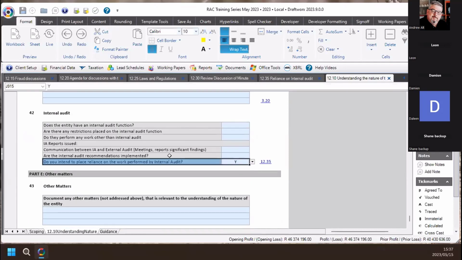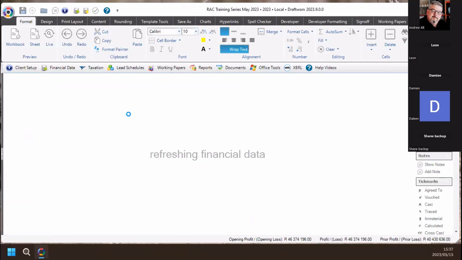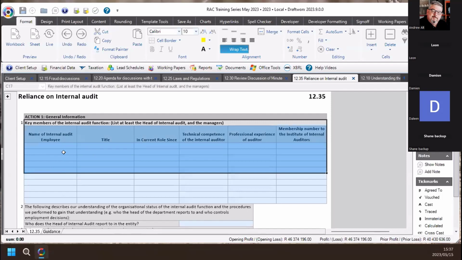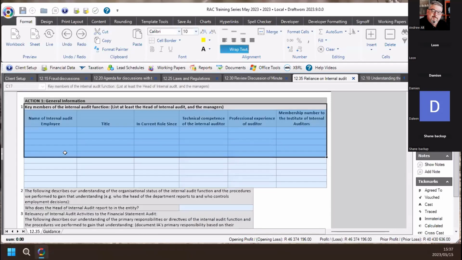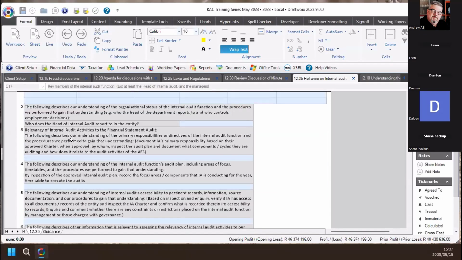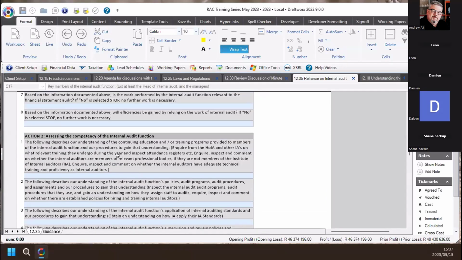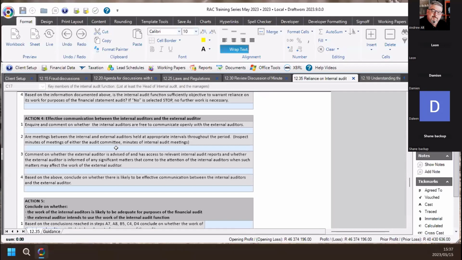If you are intending to rely on internal audit, then document 12.35 becomes applicable. And we now need to document our knowledge and understanding of the internal audit function within that entity. If you're not doing internal audit, obviously we're not worried about relying on internal audit, and all of this becomes not applicable.